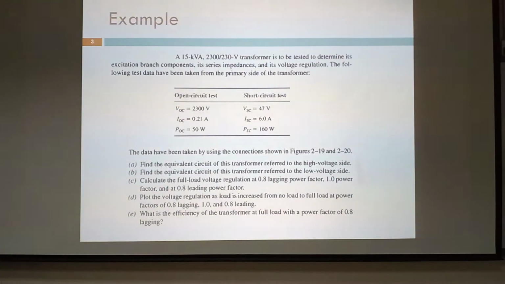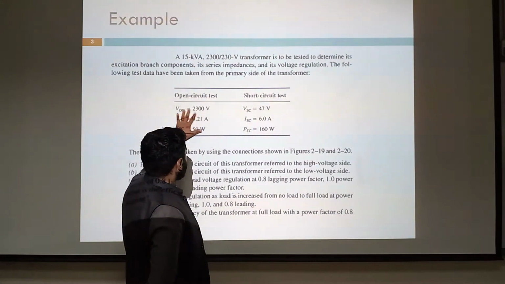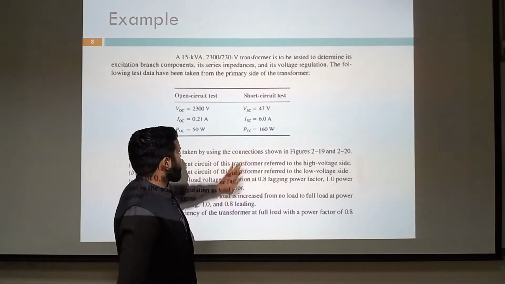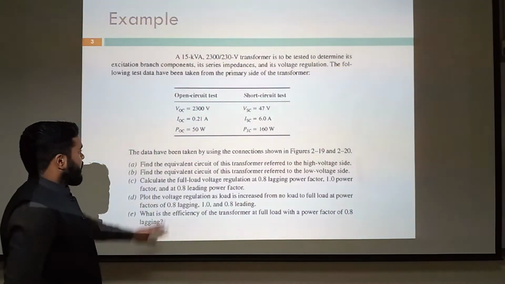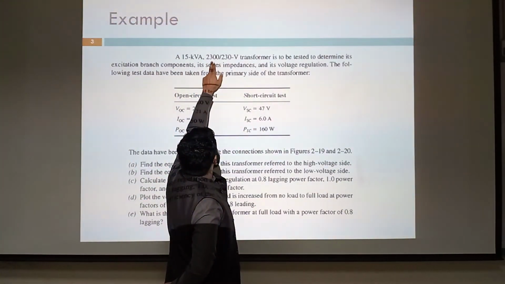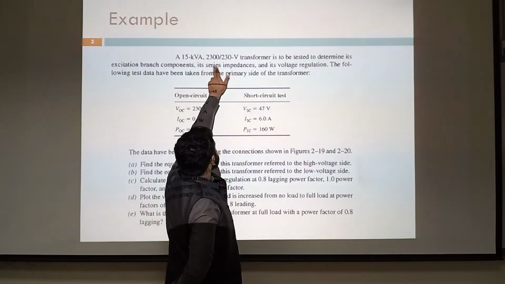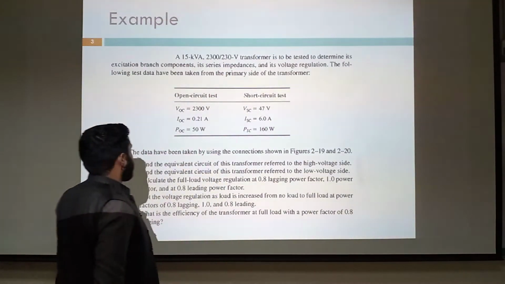The following test data have been taken from the primary side of the transformer. This is the data obtained during the open circuit and short circuit tests. The transformer is a step down transformer, because here the input voltage is 2300 and the output voltage is 230.